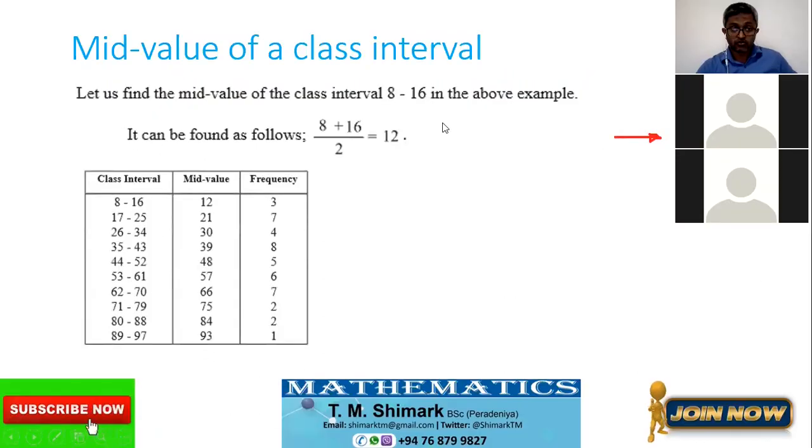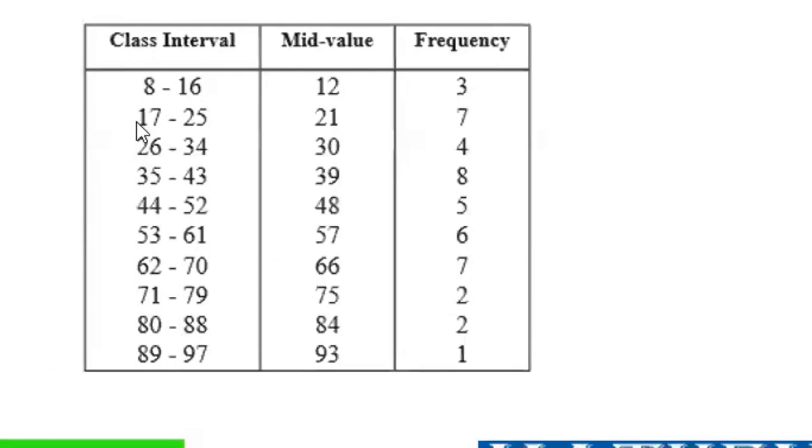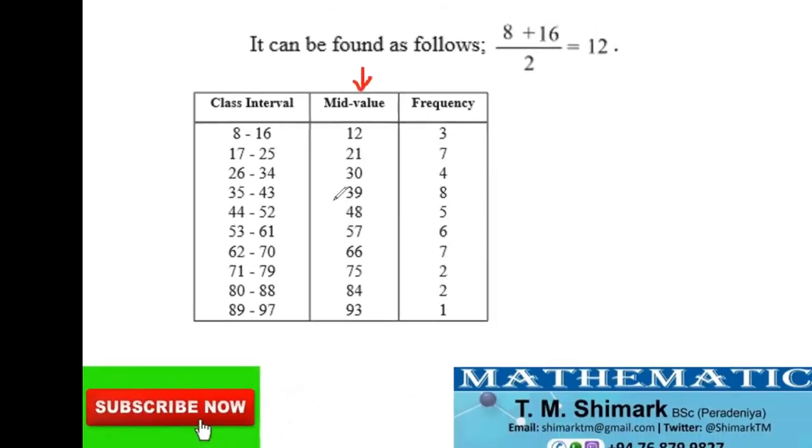Whatever we saw earlier, we can find all the mid values the same way. Now you can see the mid values are listed here, with the frequencies. The frequency distribution is helpful in finding the mid values, which is important in finding the answers. In many things we use this mid value.